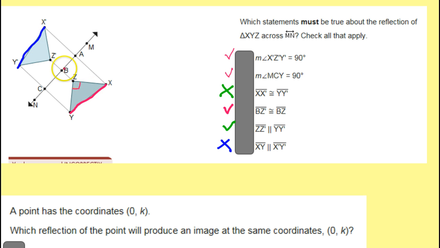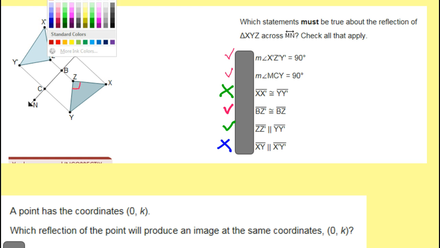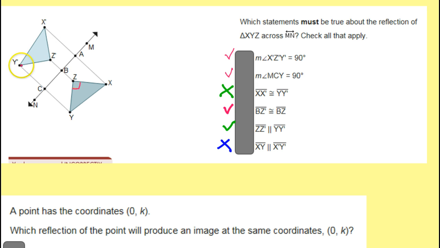They're just corresponding parts of the triangle. It'll make it really obvious if I pick any other pair of corresponding sides. For example, if I pick Y prime Z prime, and if I pick YZ, those are corresponding sides. It's obvious that these are not parallel. So there's no reason why other corresponding sides have to be parallel either. Okay, so let's do the reveal. And we are all in agreement.